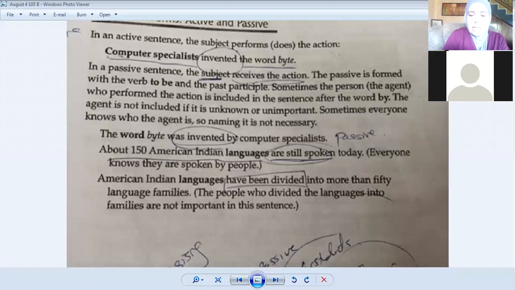My choice of the auxiliary depends on the original verb in the active sentence. Then I put the complement, the rest of the sentence, and then by subject. This is the rule of the passive, guys.